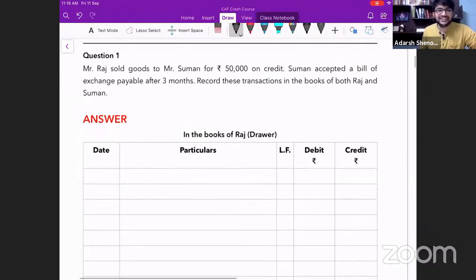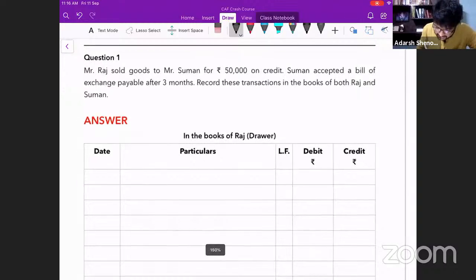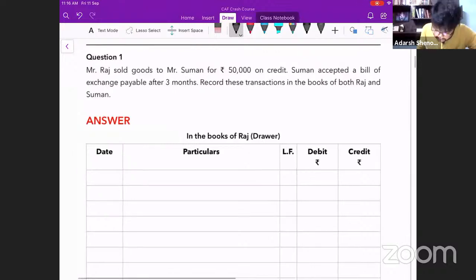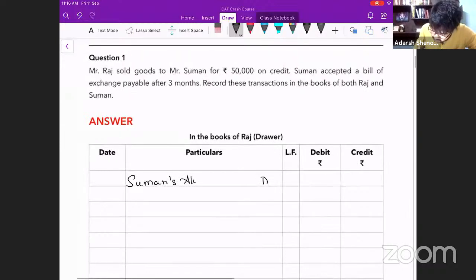So Mr. Raj sold goods to Mr. Suman. Can we pass an entry for sales? What is the entry for sales? Date is not given, so I'll leave that empty. Suman to sales, right? Suman's account debit to sales account.